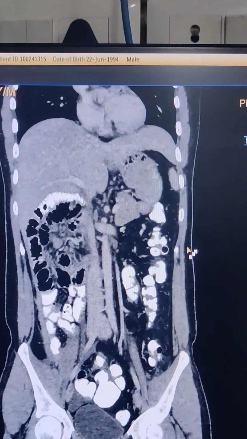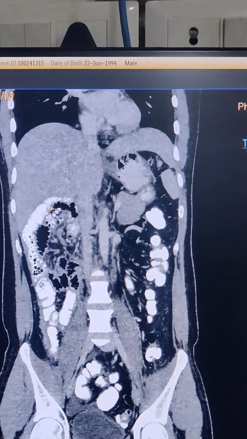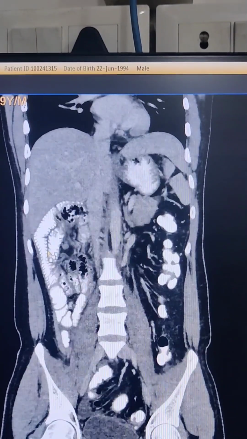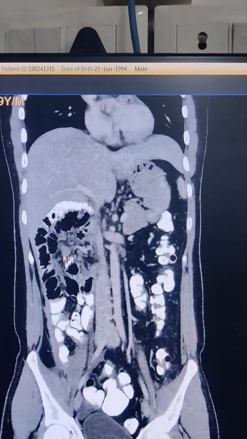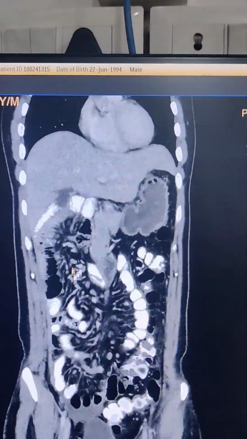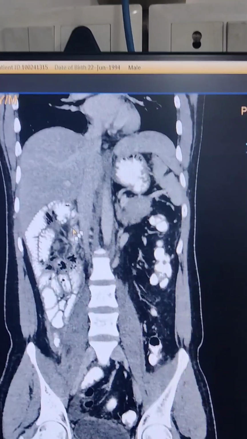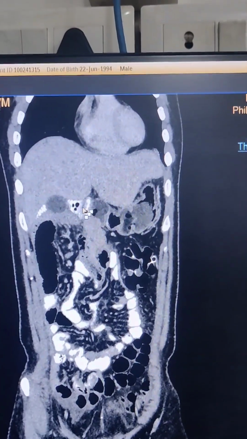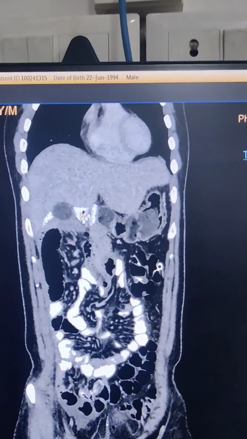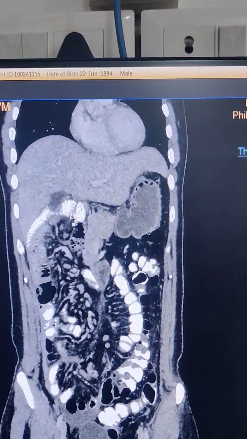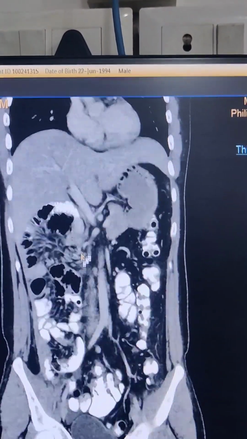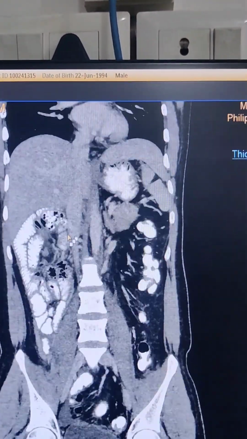Here we can see all of these are jejunal loops with valvulae conniventes. This is the stomach, this is the duodenum, this is the DJ junction, and there is no crossover to the left side. All of them are lying on the right only.